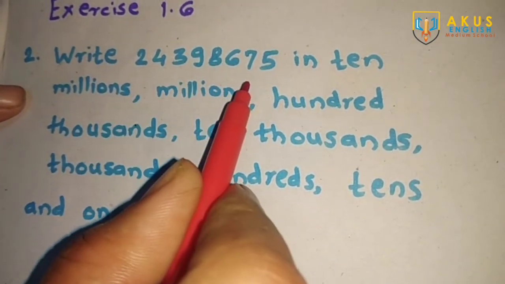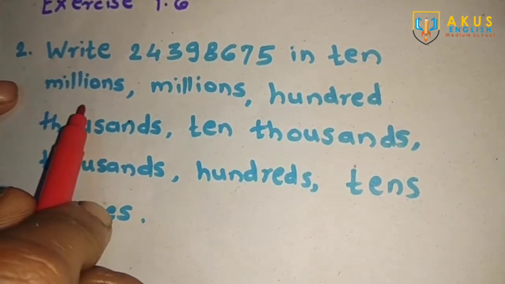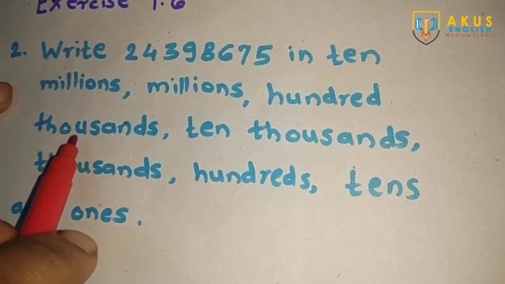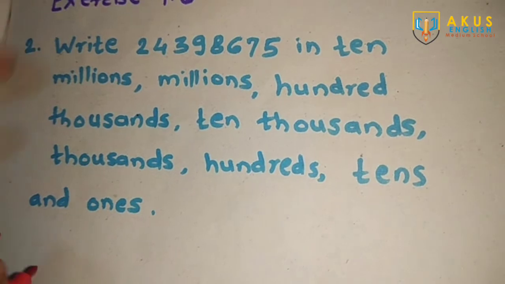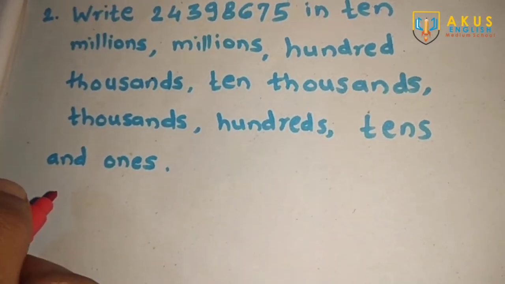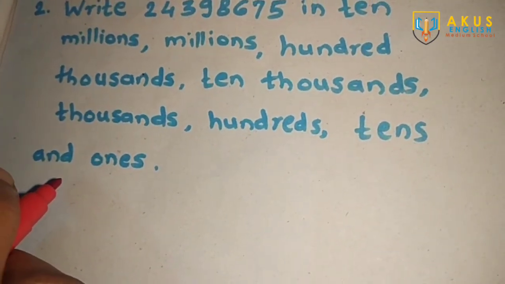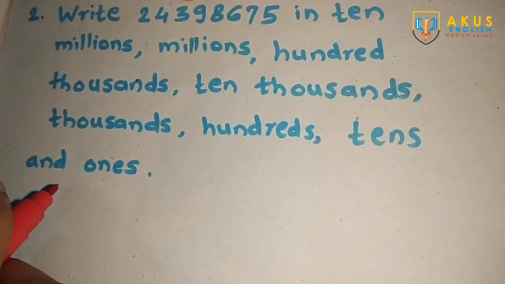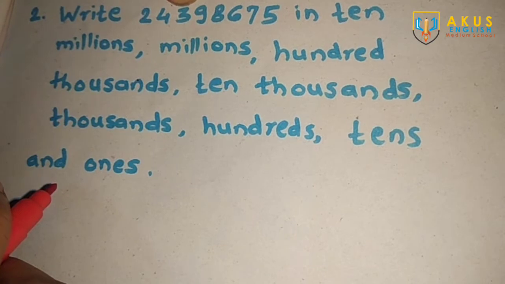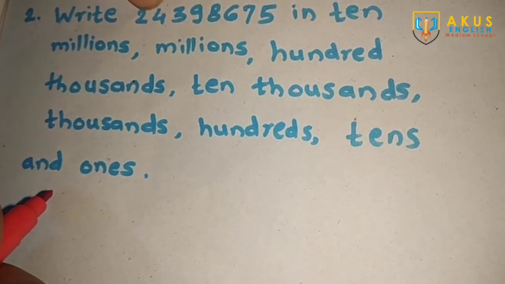Write the number you have been given in 10 millions, millions, 100,000, 10,000, thousands, 100, tens and ones. Now, here the places I am going to tell you orally: ones, tens, 100, 1,000, 10,000, 100,000, million and 10 million.